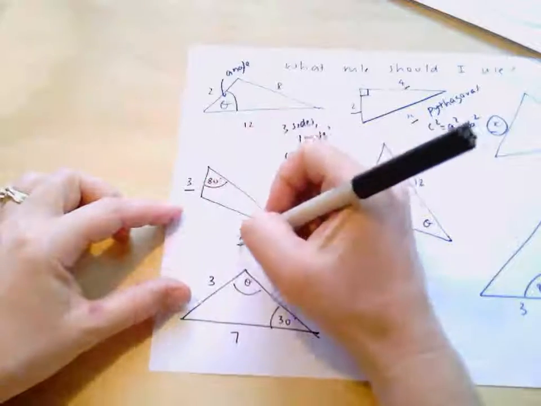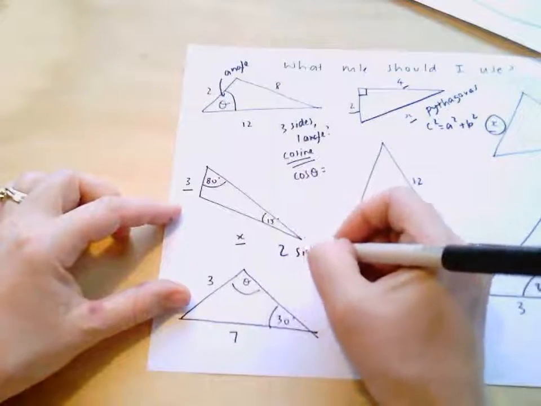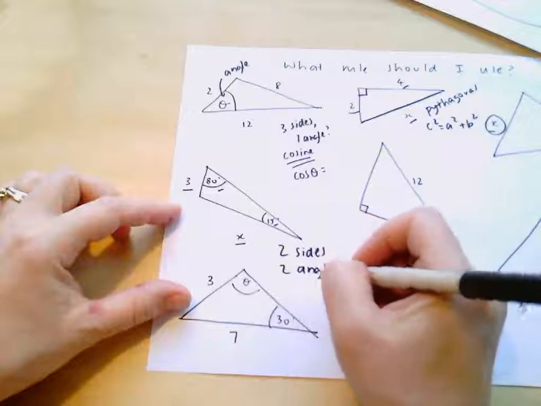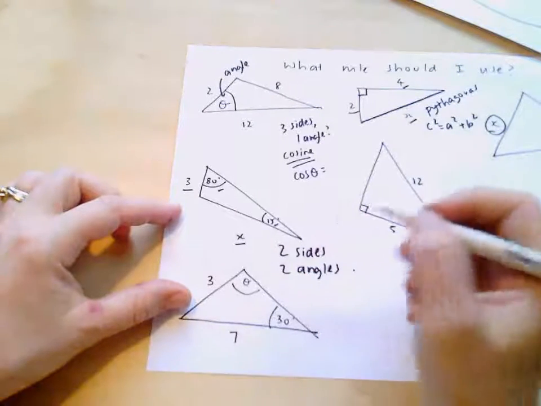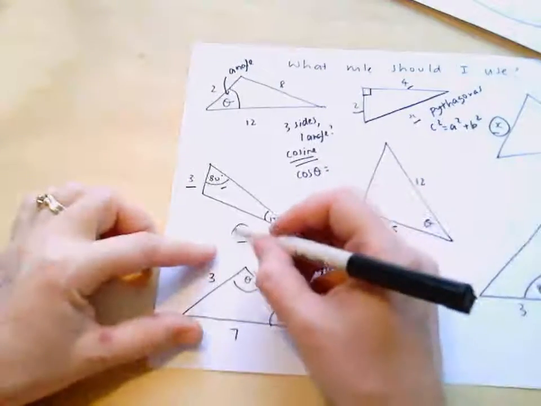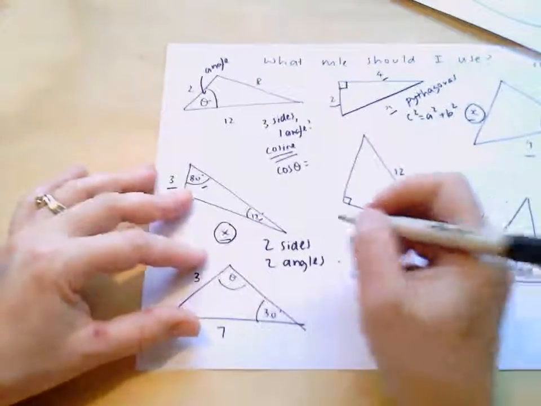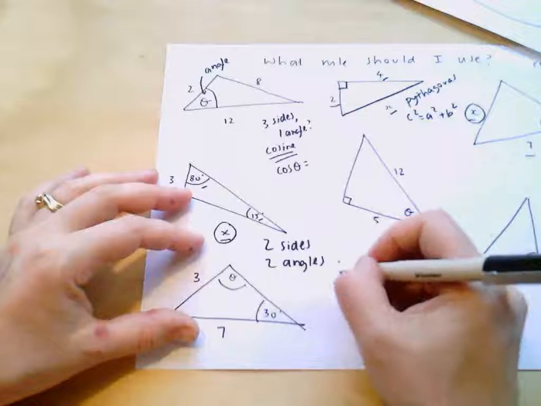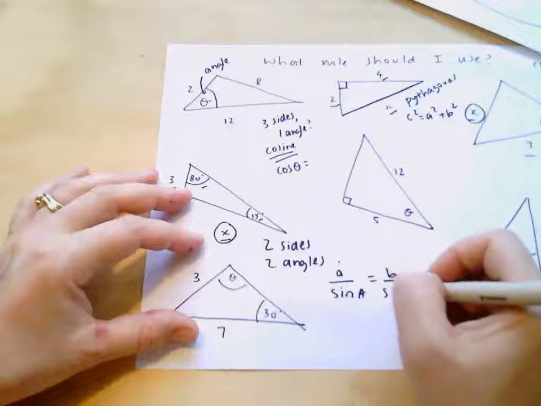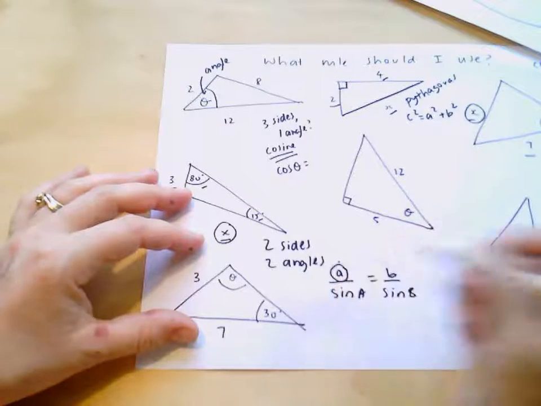Okay, let's have a look at this one here. I've got 1, 2 sides and I've got 1, 2 angles. So I'm going to need to use the sine rule because that's the one that requires me to use 2 sides and 2 angles. I'm calculating a side, so I'm going to use the form of the sine rule that goes a over sine A equals b over sine B, since that puts the side on the top.